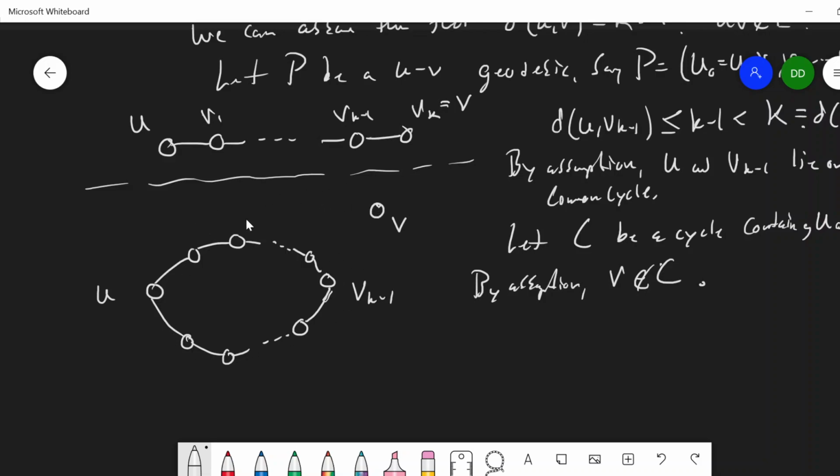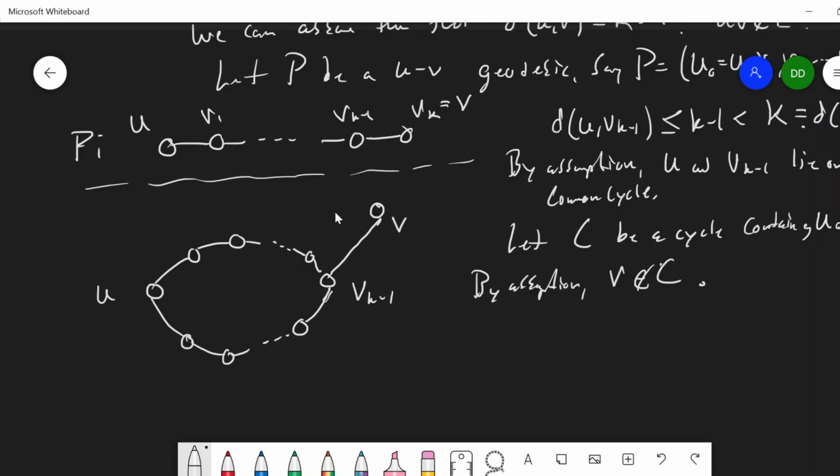So if I could find a path that goes from v to this cycle, and maybe a path between v and vk minus 1, then I would have a cycle. Actually, wait, yeah, let's point that out. V and vk minus 1, I want to remember here that this is my path p. So vk minus 1 and v are adjacent. And so what I'd like to do is find a path from v to somewhere on this cycle, and then I'll have my cycle containing u and v.